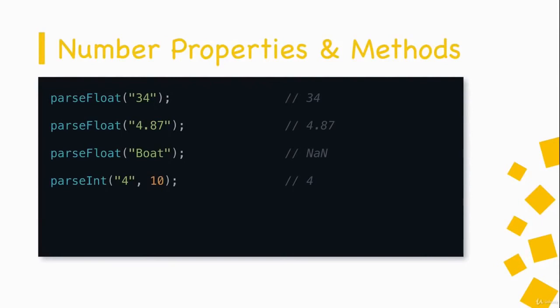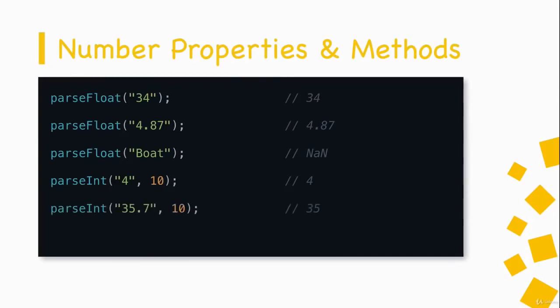The most common one we use is base 10. Base 10 uses numbers from 0 to 9, and this is the normal number system we humans use. So in this case, you can input parseInt for the string, comma 10, and it'll use base 10, which is the normal human numbers, in order to output the four string as the four number.